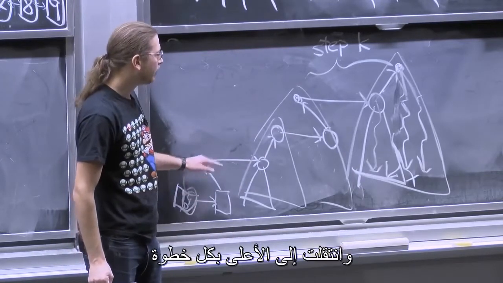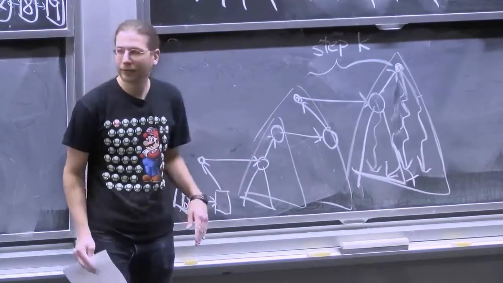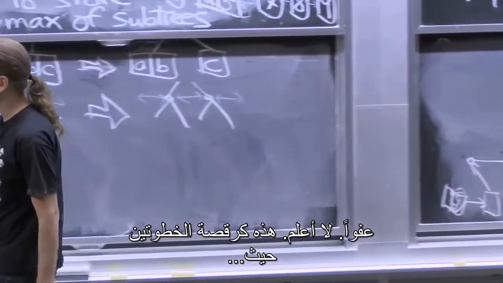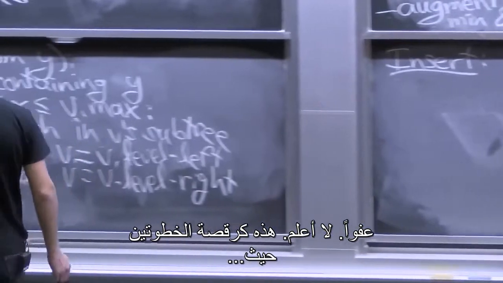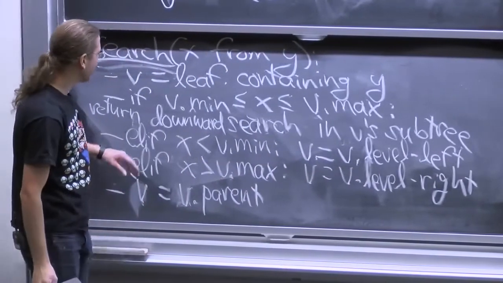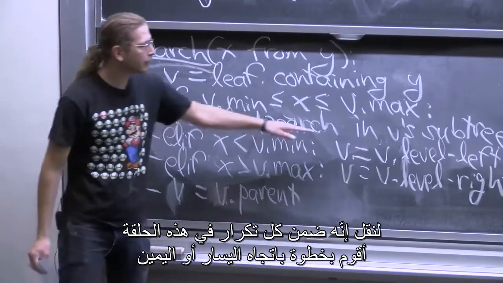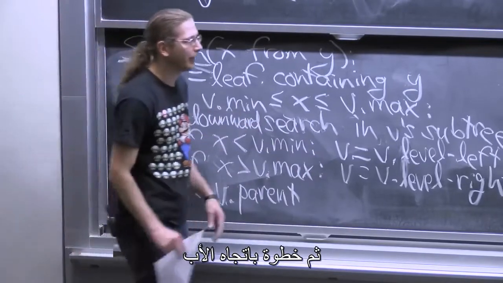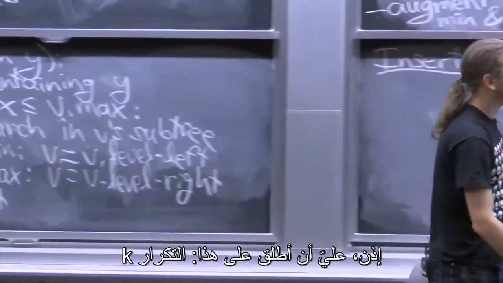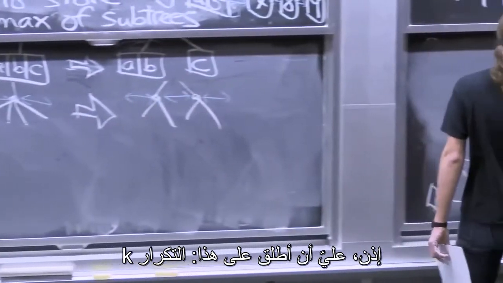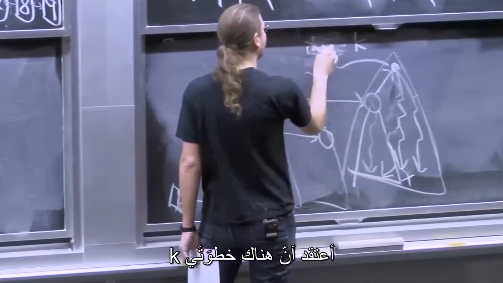And I went up every step. This is like the 2-step dance, where every iteration of this loop, I do one left or right step and then a parent step. So I should call this iteration k. I guess there's 2k steps then.